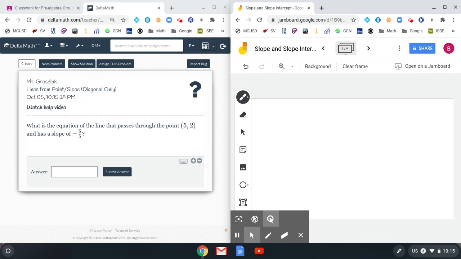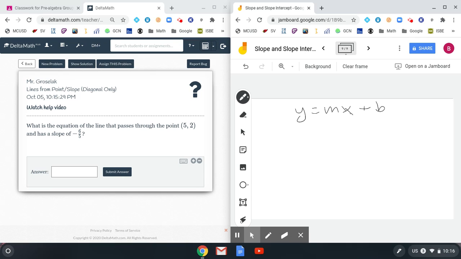All right, so the last type of problem here is going to give you a point and the slope, and it wants you to write it in slope-intercept form. Slope-intercept form, just as a reminder, is y equals mx plus b. If I look over here, it gives me a point, an x and a y, and it gives me the slope.